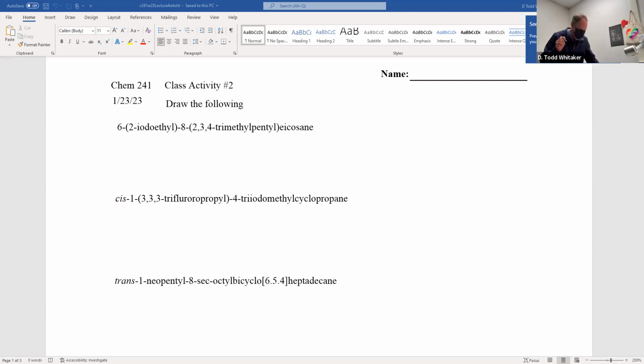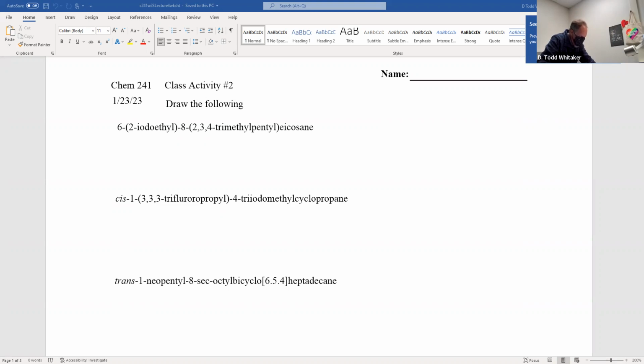A reminder, carbon 1 was here. Carbon 2 needs a methyl, carbon 3 needs a methyl, carbon 4 needs a methyl. That's done. 1, 2, 3, 4, 5 with methyls on 2, 3, 4. And the molecule is done.